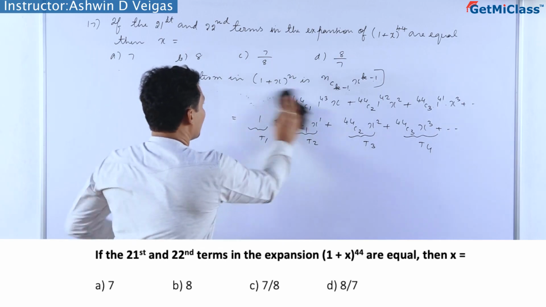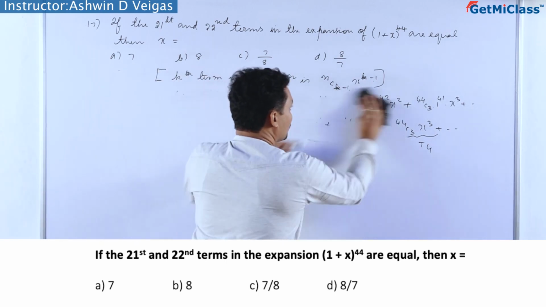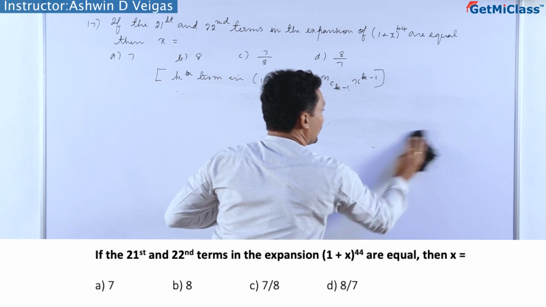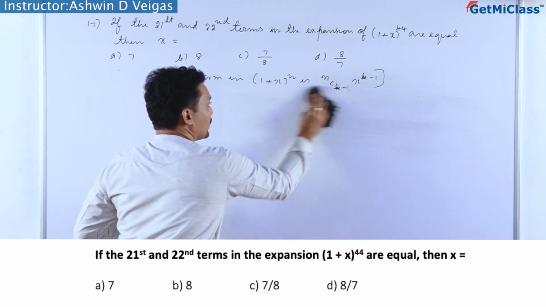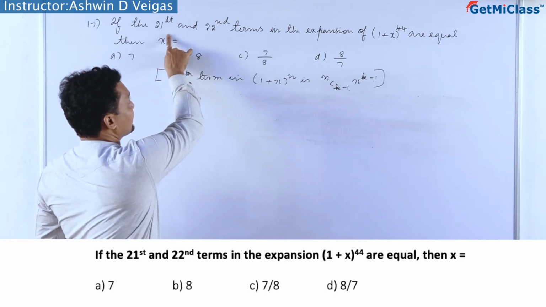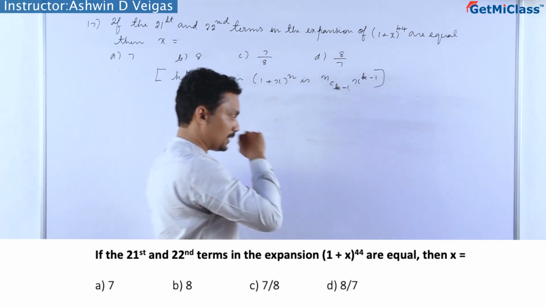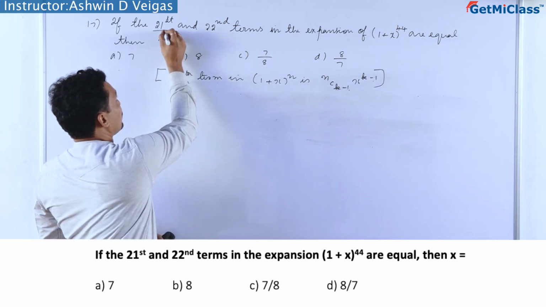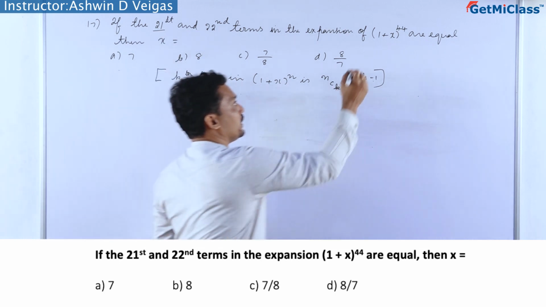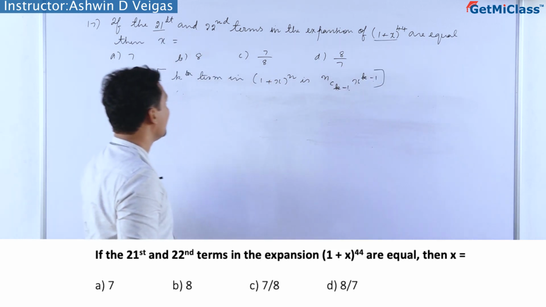Yes. Now based on this concept, I am going to do the given problem. The 21st and 22nd terms in (1 + x)^44 are equal. My first job is to find the 21st term in (1 + x)^44.